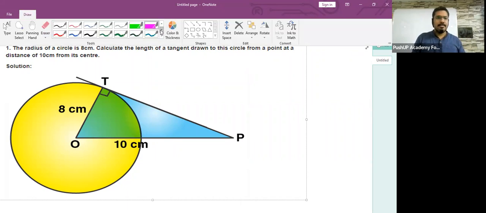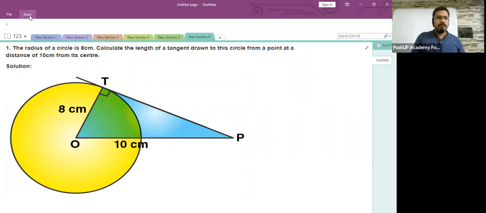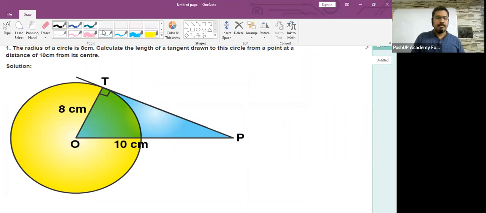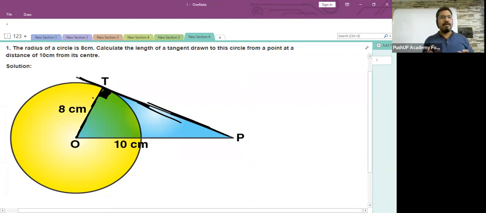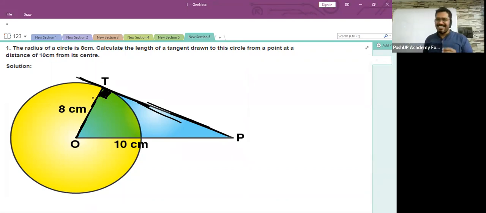Children, you all know that this angle between the radius and the tangent is how much? 90 degrees, right? They already gave it to us. They shouldn't have given it, because we are not using our brain here.